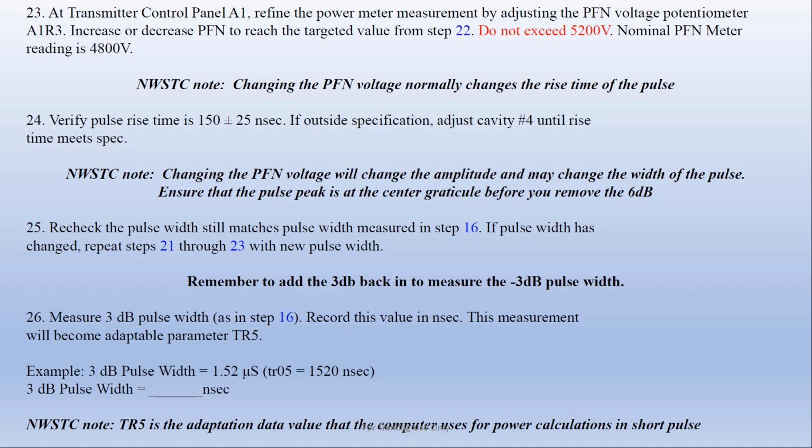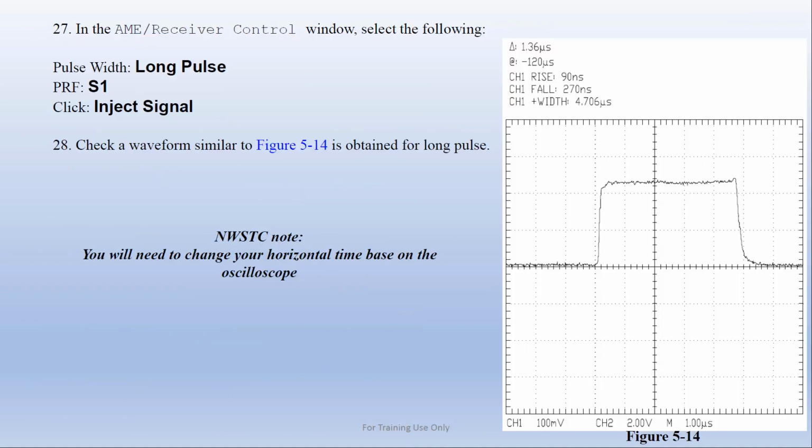After we've made these changes to our tube, we need to go back and remeasure the 3 dB pulse width as you did in step 16 and record this in step 26. This will become transmitter adaptable parameter TR5. At this point, we need to make the same measurement for long pulse.